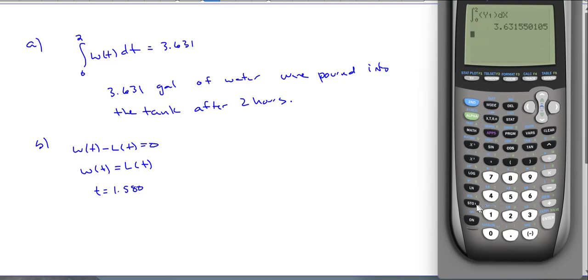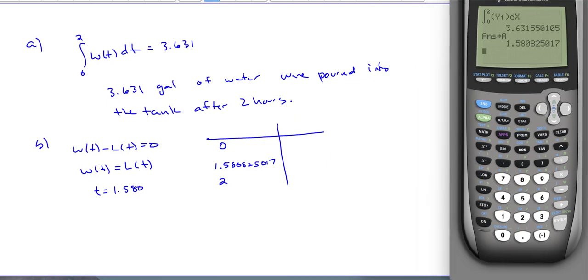I'm going to quit. And what do we do right away? Store that number. There we go. Now I can just type in A on my integral because we know we're going to have to do that. Okay? So we have critical number 0 or endpoint 0, critical number 1.580825017, and then we have endpoint 2.